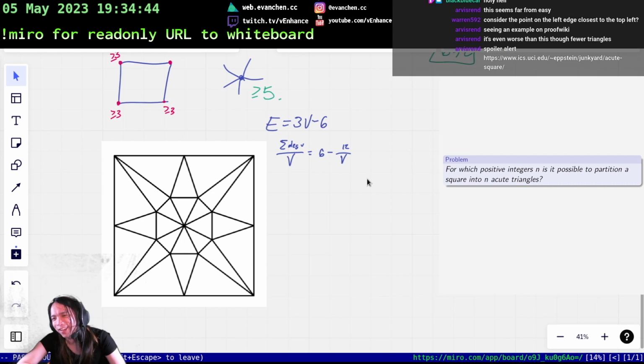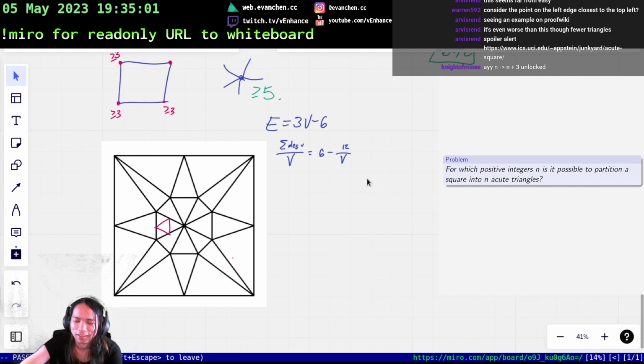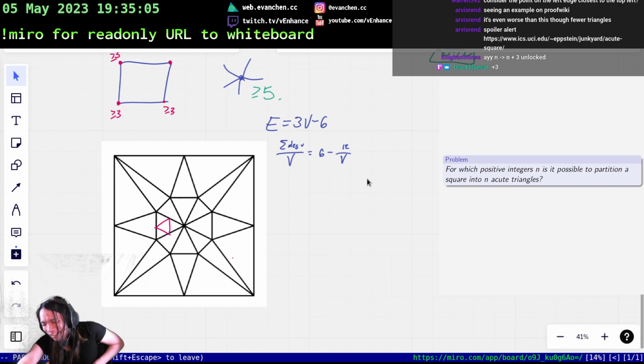Okay, alright. So, here's the thing. If you have a construction, you can get more by doing this. I was trying to add one point, and of course it wasn't working. I'm like, wait a minute.